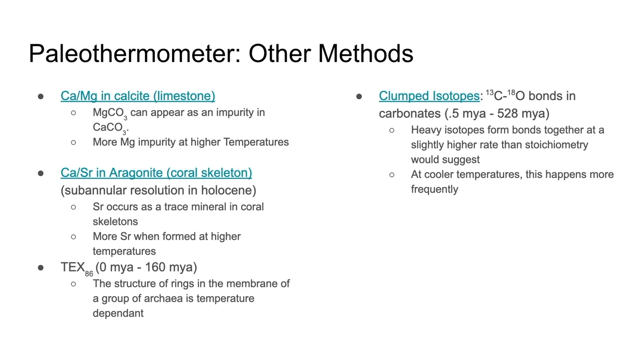And the cooler the temperature, the more frequently it happens. So if you look at the frequency that you would expect carbon-13 and oxygen-18 bonds to form, and then you look at the frequency that they actually do, you can determine the temperature when they formed.